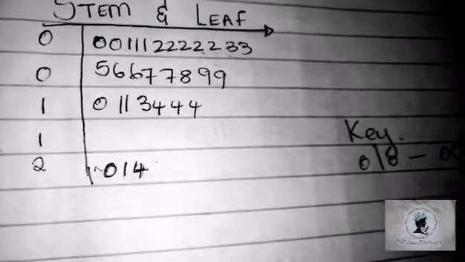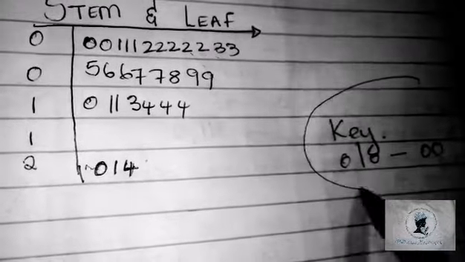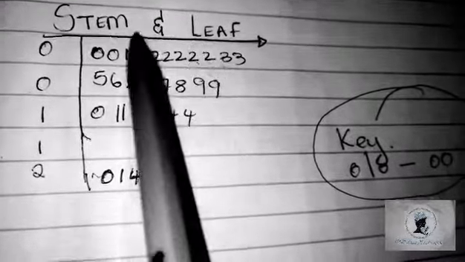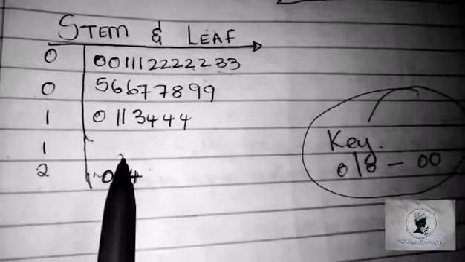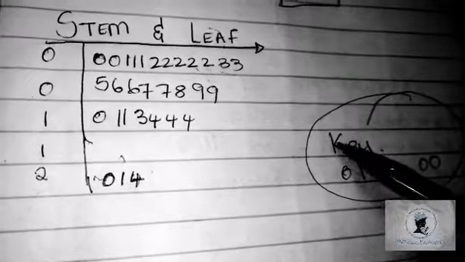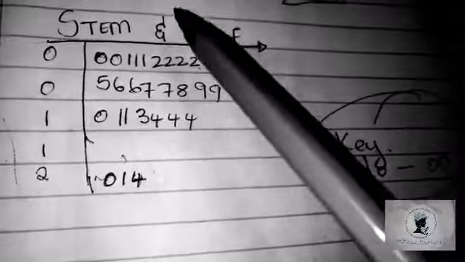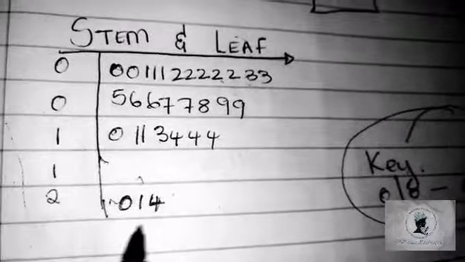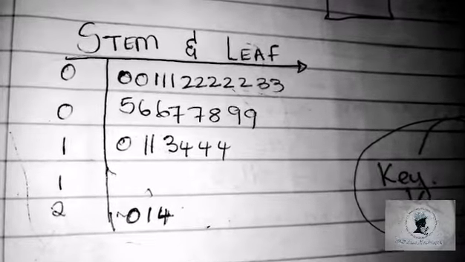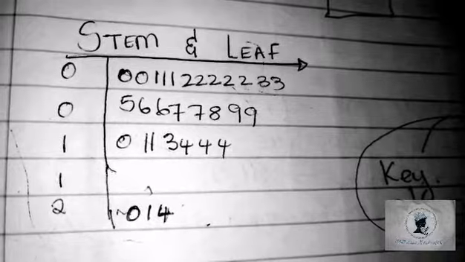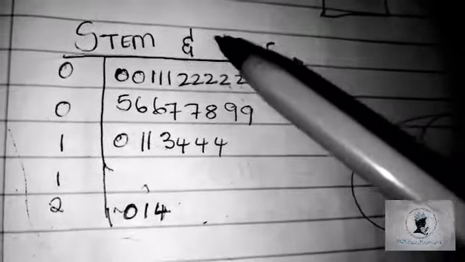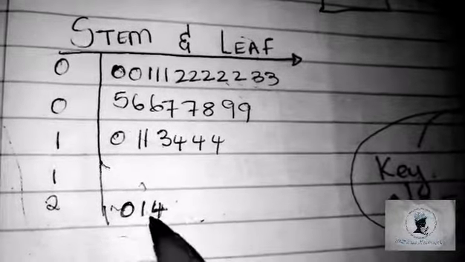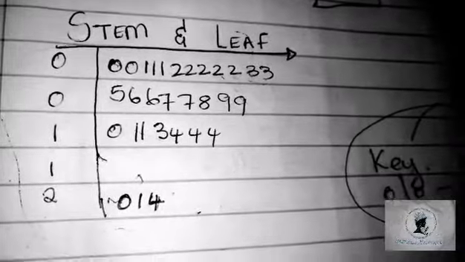You have to show your key, so that the person who is going to interpret or use this data is able to understand what it means. Basically, in a stem and leaf, you can see that everything has been arranged in numerical order. And yeah guys, you can count how many data values you have.